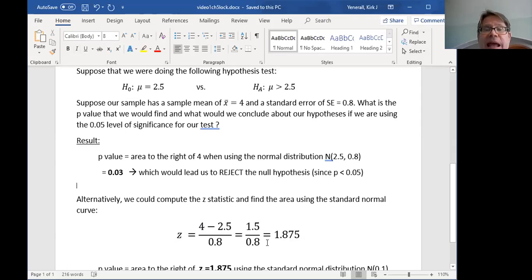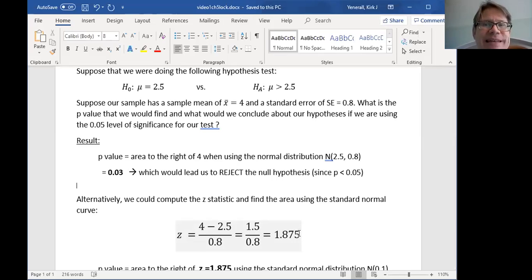Since that was 0.8, my z-test statistic will be 1.5 divided by 0.8, which ends up being 1.875. So here in this problem, given the null parameter, the statistic, and the standard error, we have a standardized z-score of 1.875.